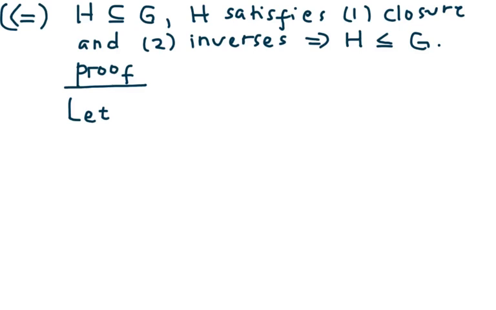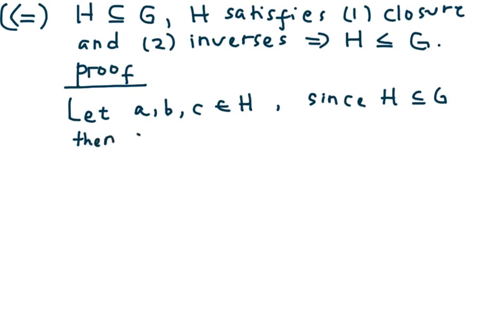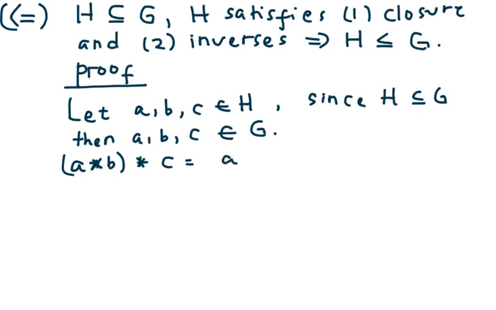Has an identity element. So let A, B, C be in H. Since H is a subset of G, then A, B, C are also in G. So in here we have (A star B) star C is equal to A star (B star C).